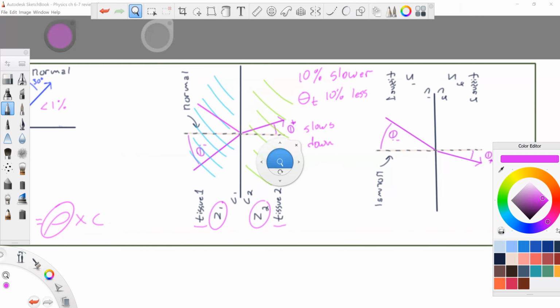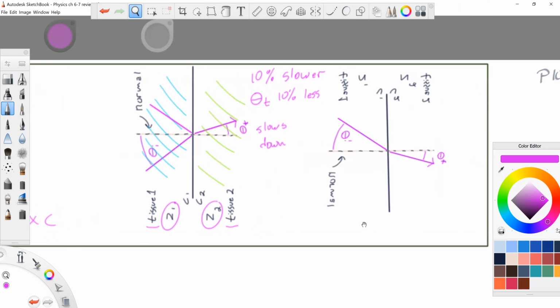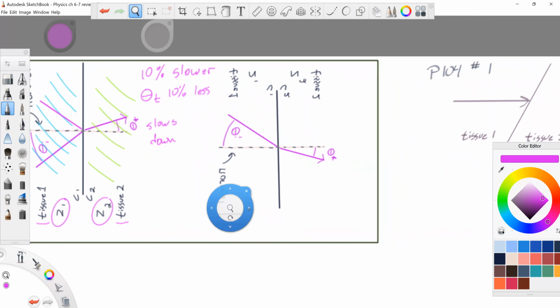I just did one more thing with this. This is still the same picture, but not only is it sideways now, but I've also flipped it up and down. So we still have tissue 1 and tissue 2.